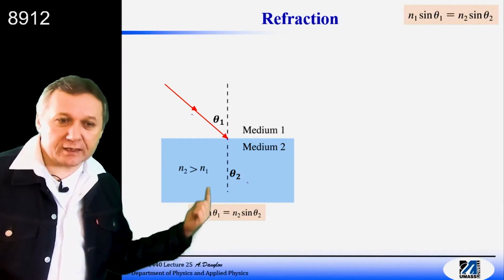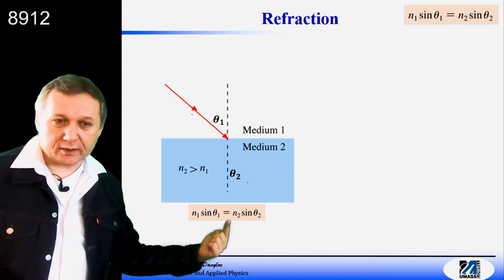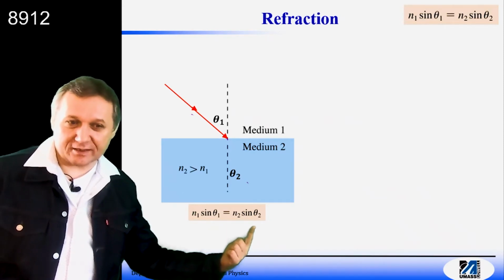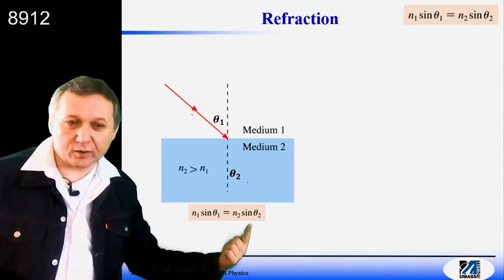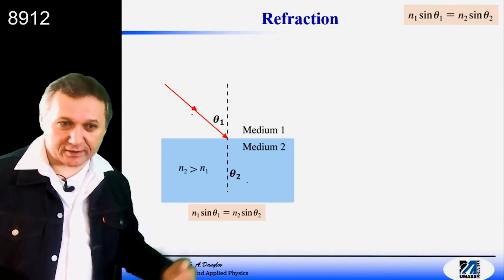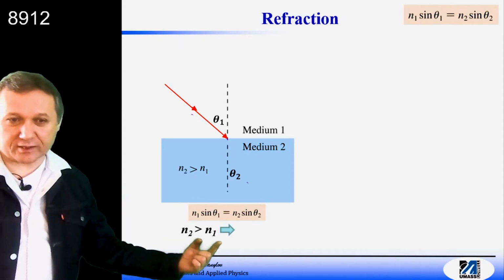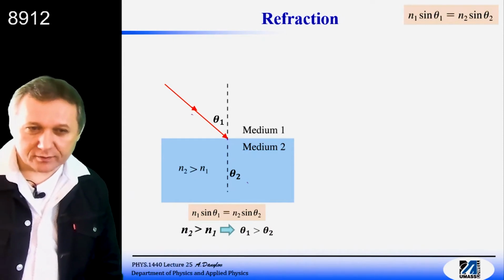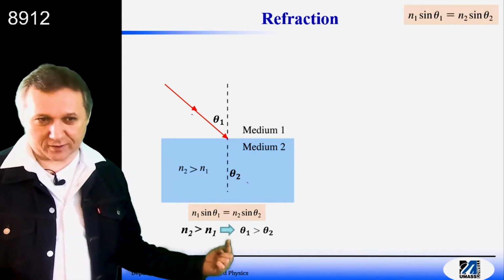If n2 is larger than n1, then this factor must be smaller than that factor. So if n2 is larger than n1, then theta 2 is smaller than theta 1.